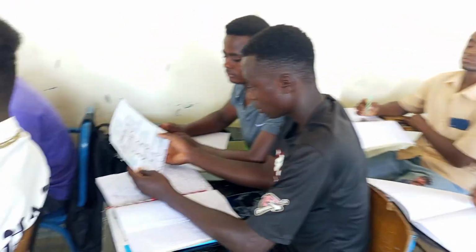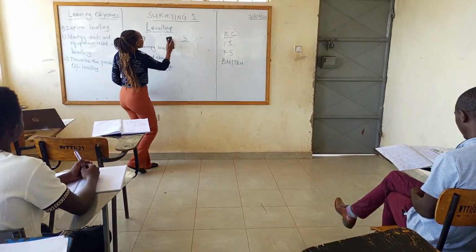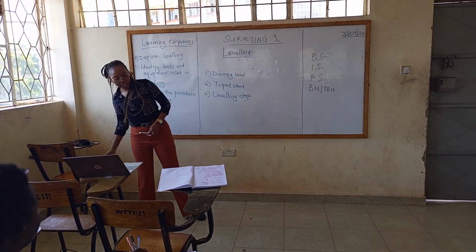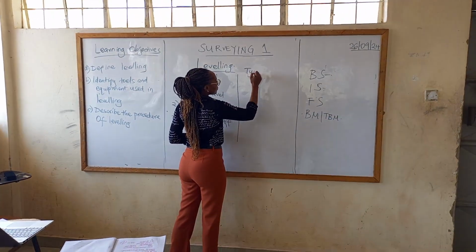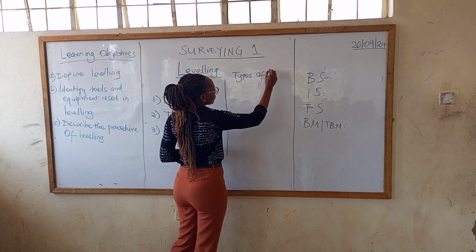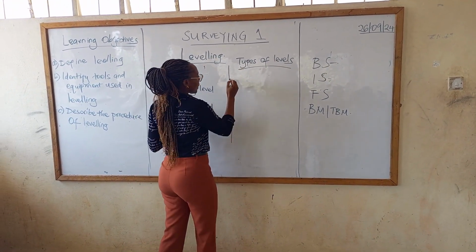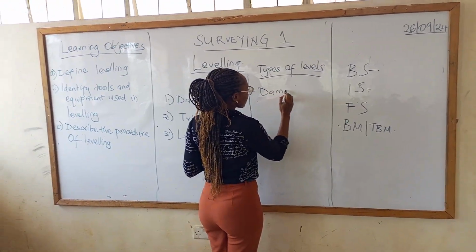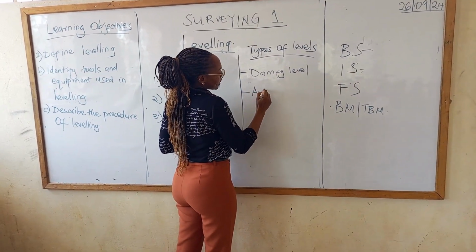So we have very many types of levels, but we will dwell on just one particular one. The most common one, the one that we will dwell on, is called a dumpy level. There are others like automatic.